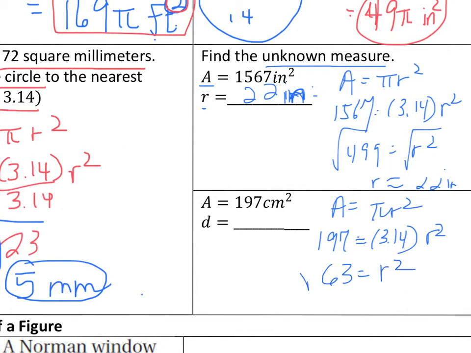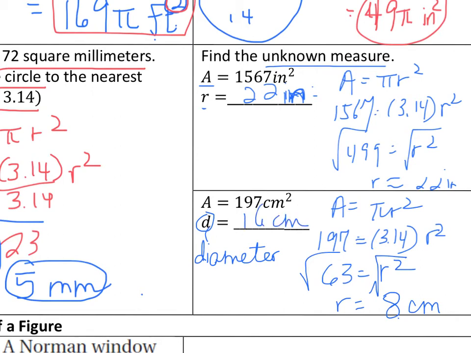And taking the square root, r is about 8 centimeters. So here it says d, so it's looking for the diameter. If r is 8, then we need to double r to get 16 centimeters.